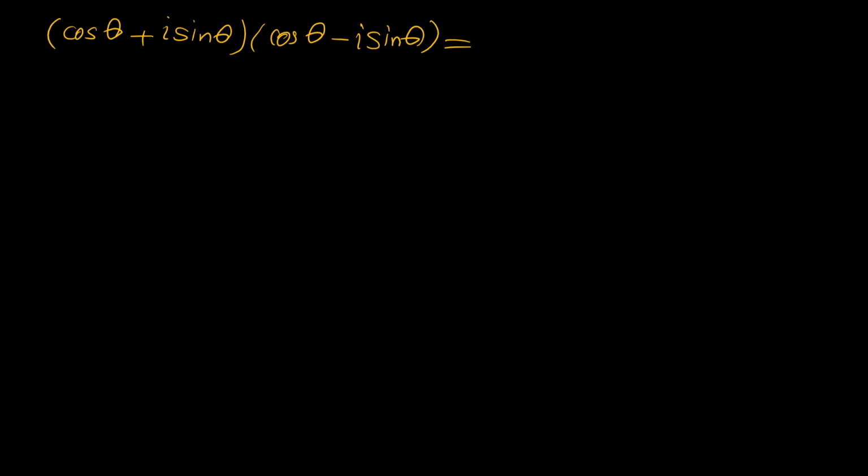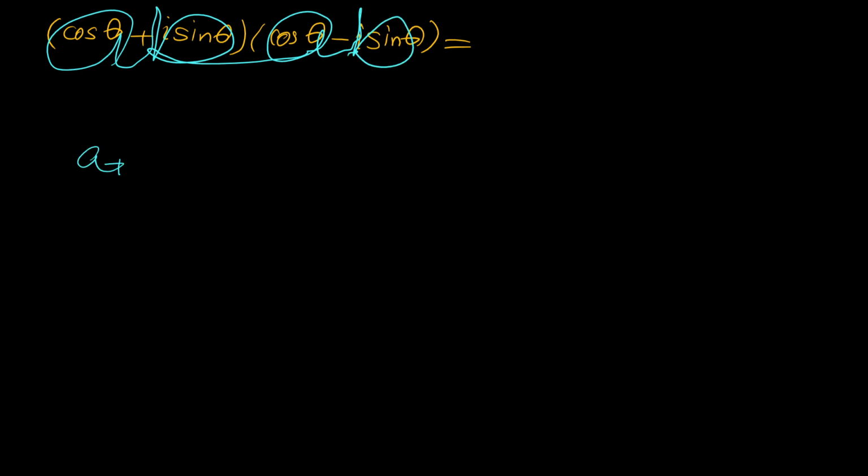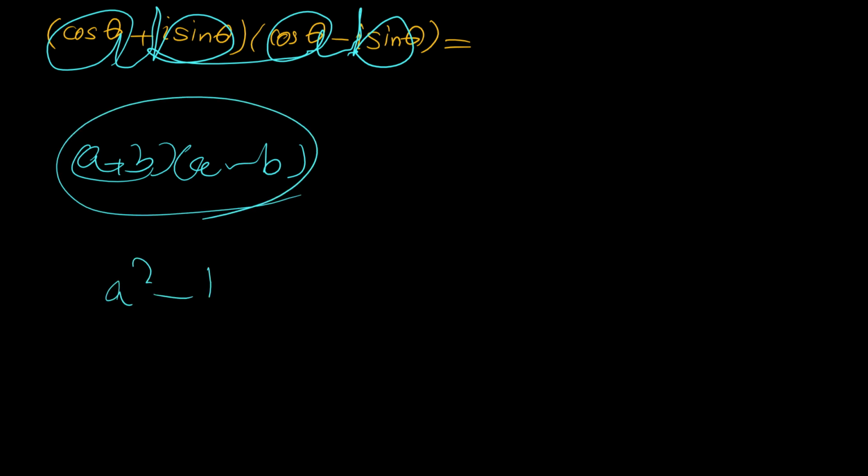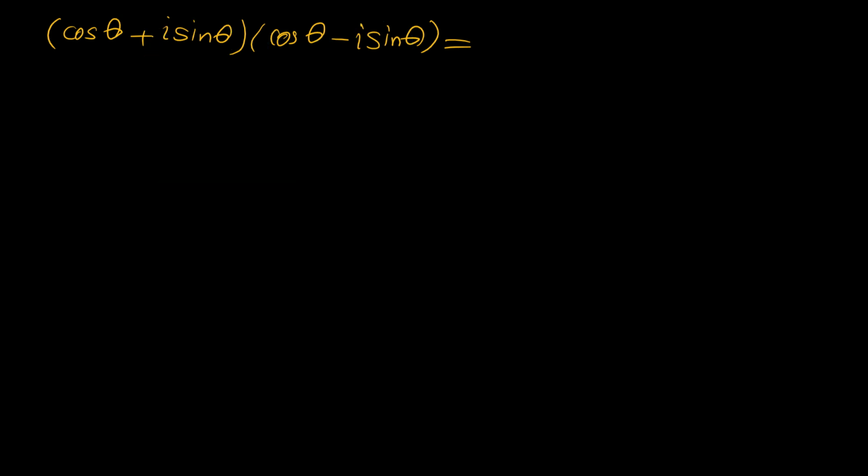So let us start. We remember that a plus b times a minus b is a squared minus b squared. So here this equals a squared, which is cosine squared, minus I squared sine squared, a squared minus b squared.